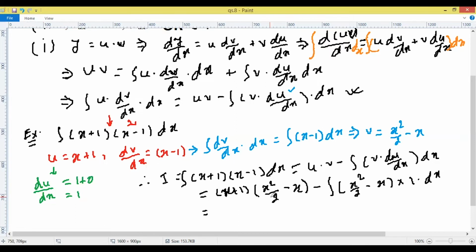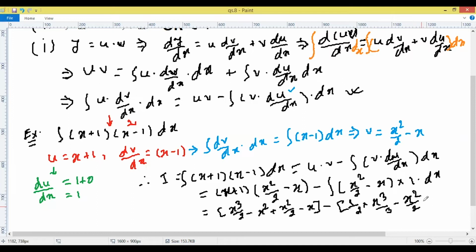We can multiply this by 2, or yes, here we can keep on working, so it is x cubed by 2, and now you have only the integration left here, so put it into the bracket because there is a negative sign, so it is x cubed by 3, so it is 1 by 2 over here, so integration of x squared is x cubed by 3, and then minus x squared by 2, integration of x is x squared by 2, and finally we put constant c.